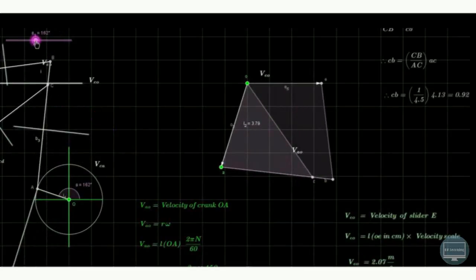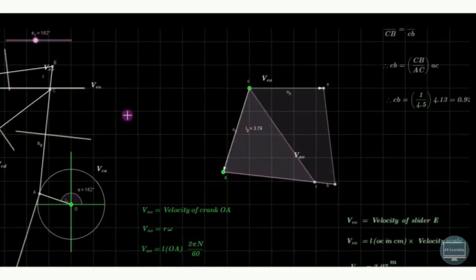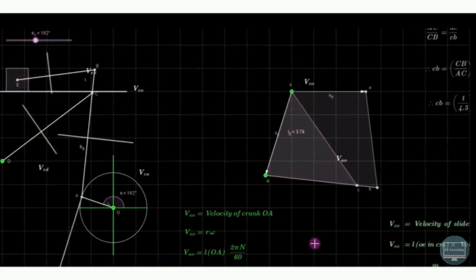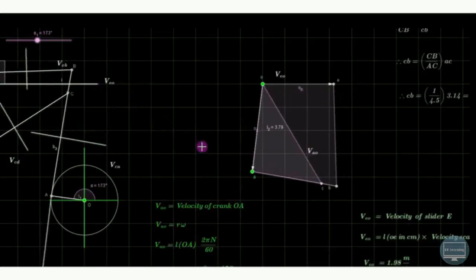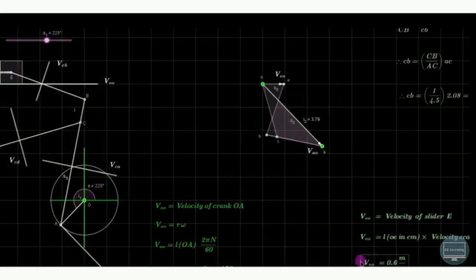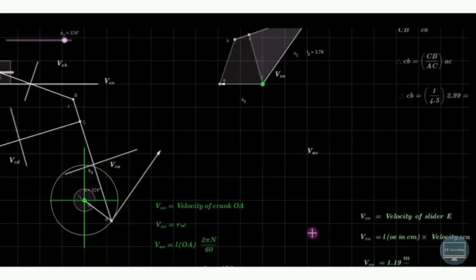Suppose the angle is 162, then the velocity of E with respect to O is 2.07 meter per second. In this way, we can find out the velocity of the slider E with respect to O, or fixed point, at various positions of this crank. So let us see this animation once again in action. And you can see the value of this velocity is changing continuously.